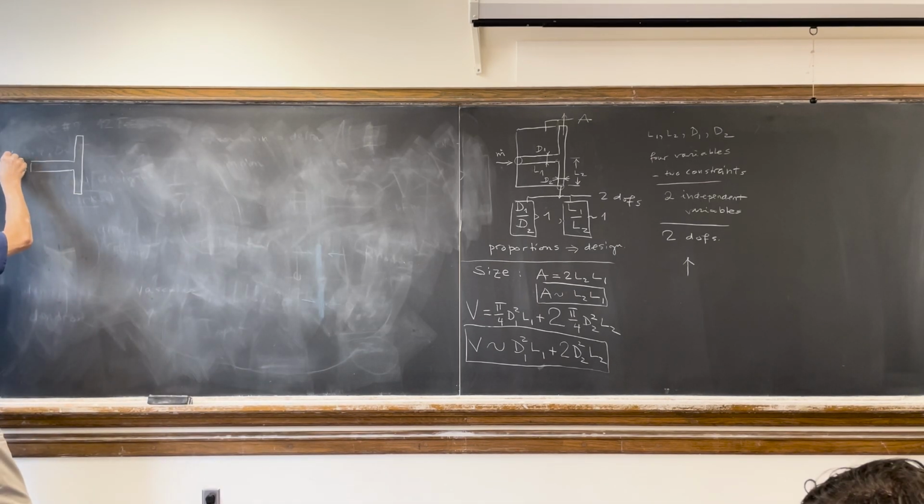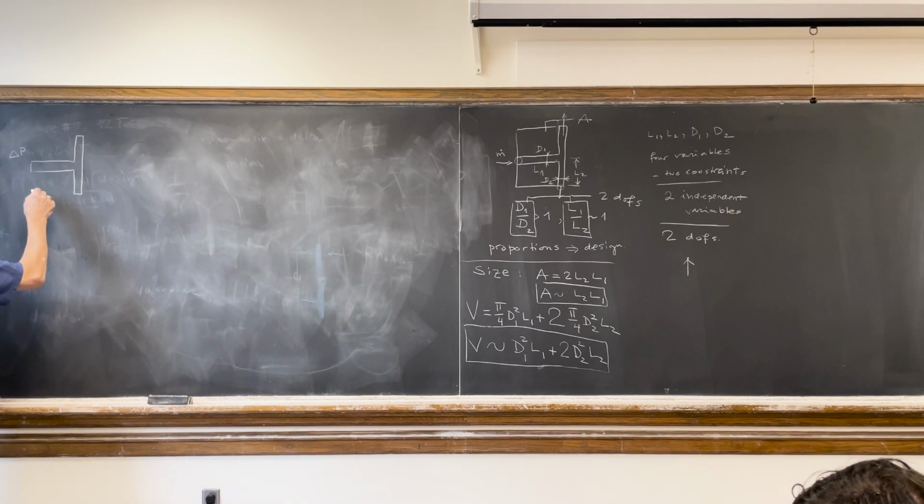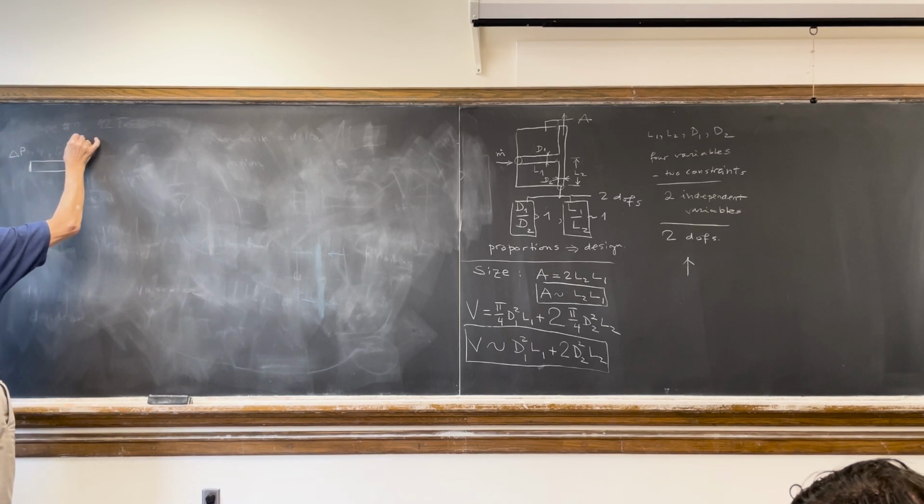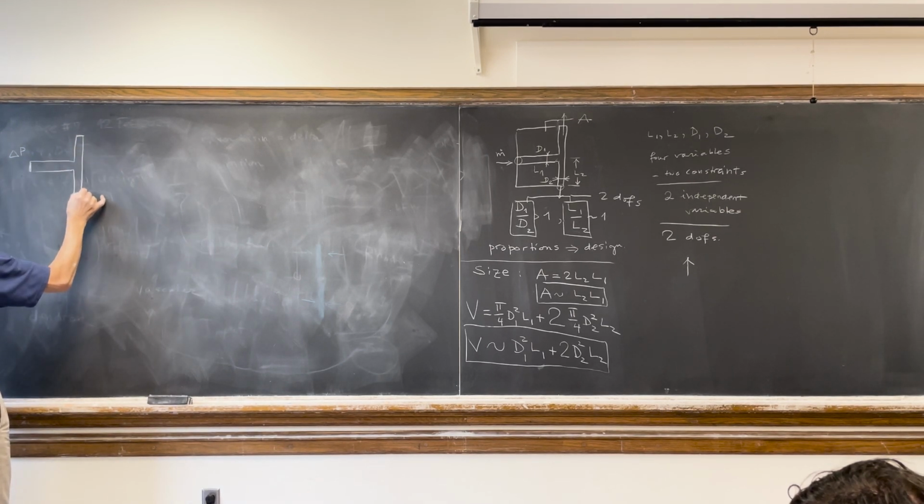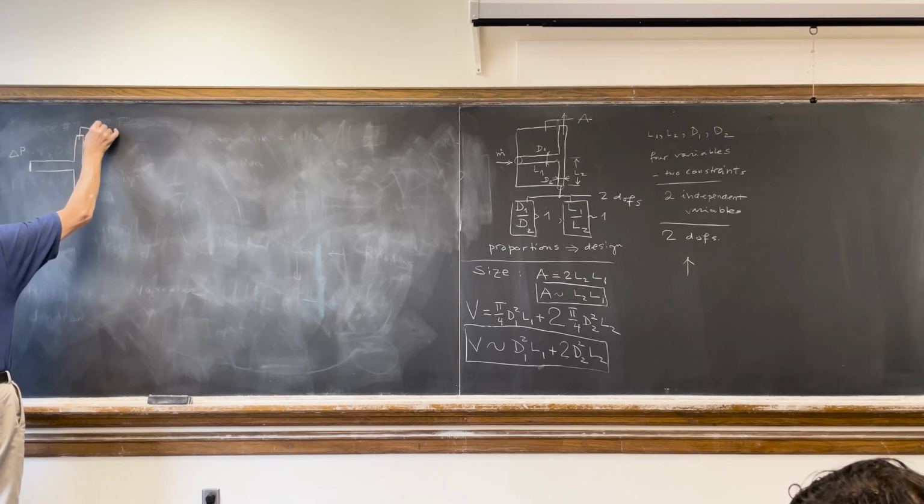A pressure difference must be applied from the left to the right. And this pressure difference, if you think about it, is between this location and these 2, where the pressure is 0.